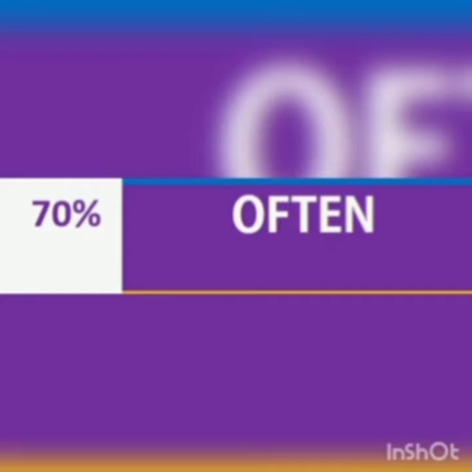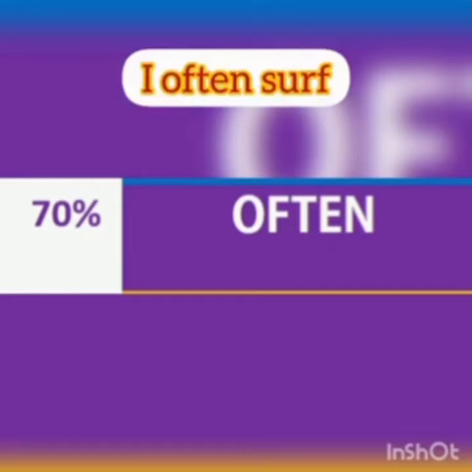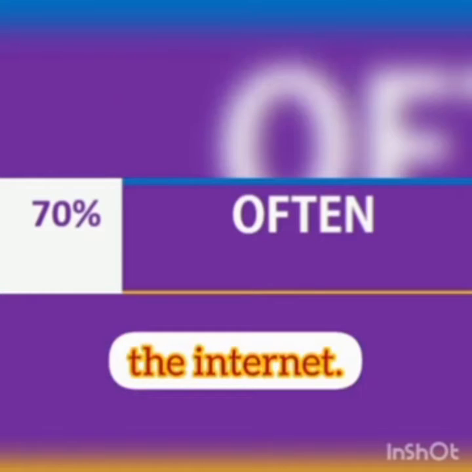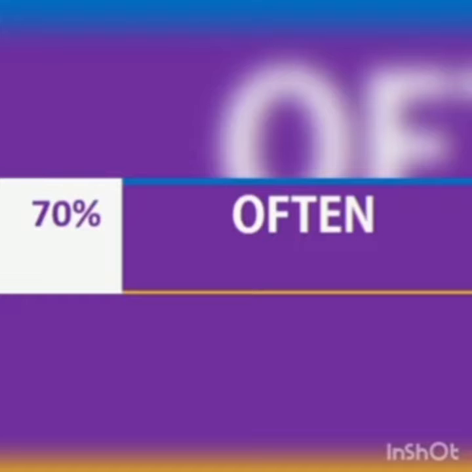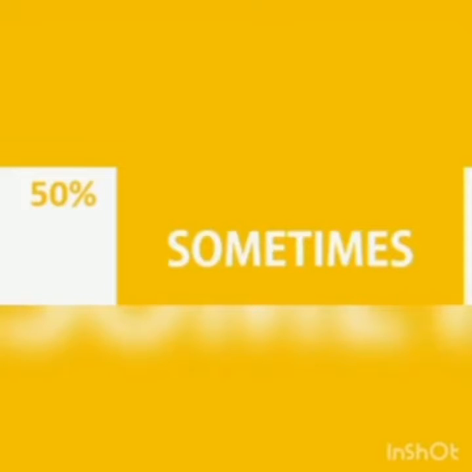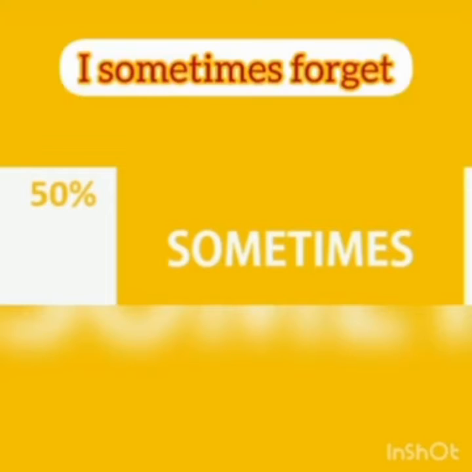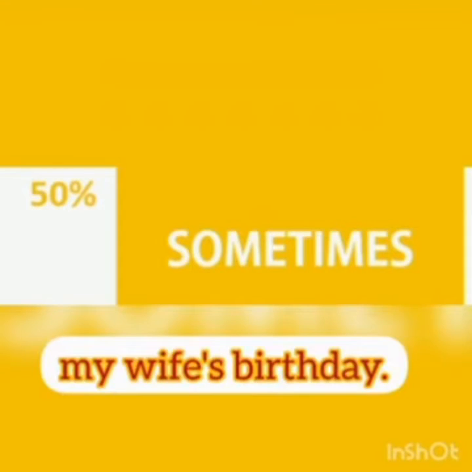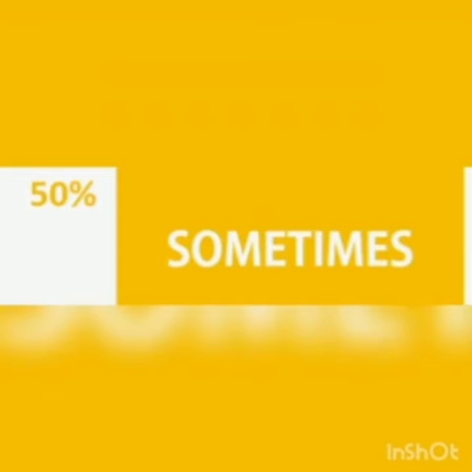As an example, I often surf the internet. At 50%, or half, we have the word sometimes. Look at this example: I sometimes forget my wife's birthday. Not always, but sometimes.